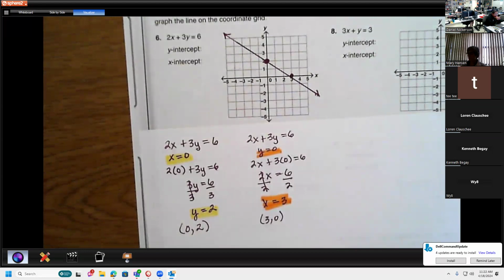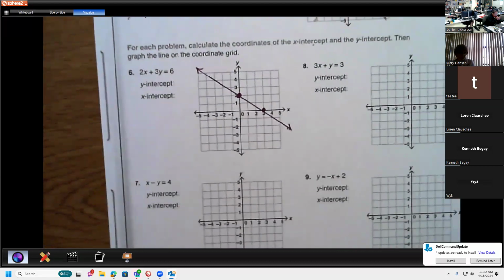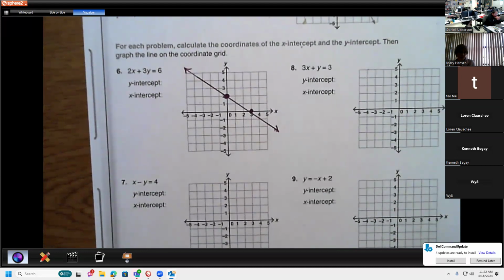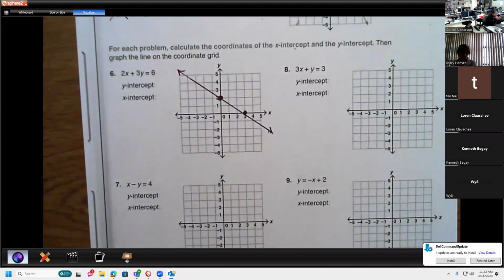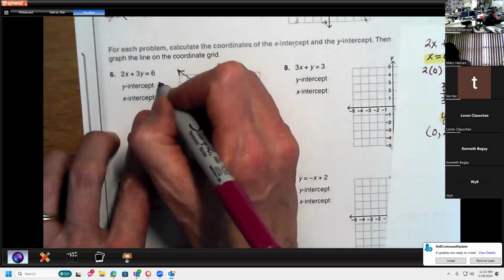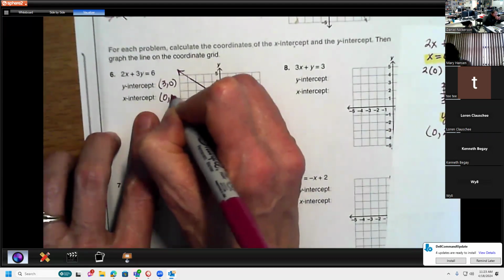Okay. All right, we have about 8 minutes left, it looks like. So I'd like for you to try number 8 and see if you can get the intercepts, and then get the graph. And I guess if we had written this on here, our x-intercept is 3, 0, and our y-intercept is 0, 2.